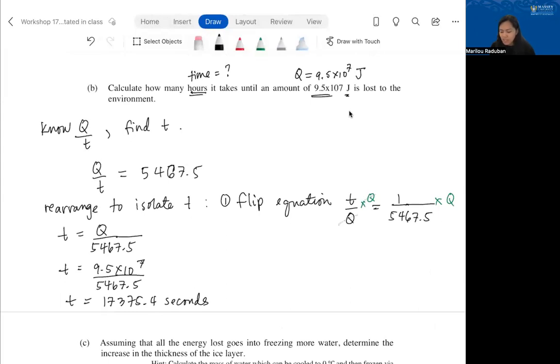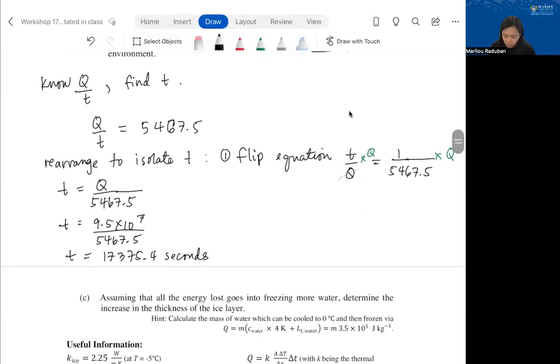Okay, but the question says how many hours? So you need to convert this to hours. Convert to hours by dividing by 3,600, because there are 3,600 seconds in 1 hour.